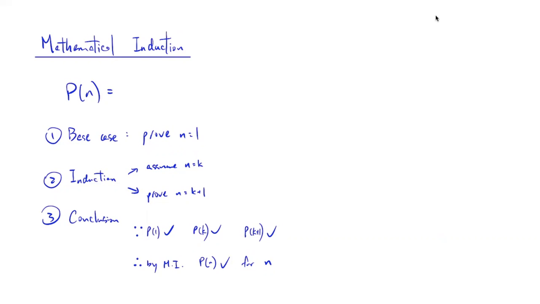So what we're saying is if any domino falls, then the neighboring domino will fall, and the next one falls, and eventually all dominoes fall. So that's the basis of mathematical induction.